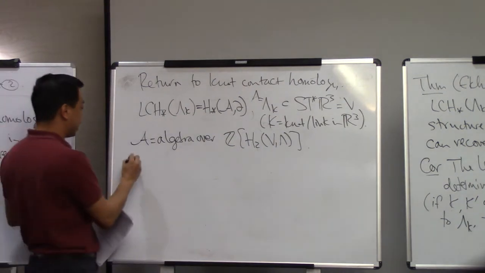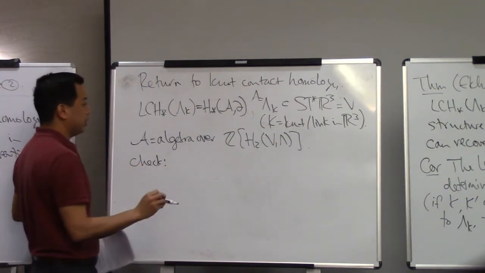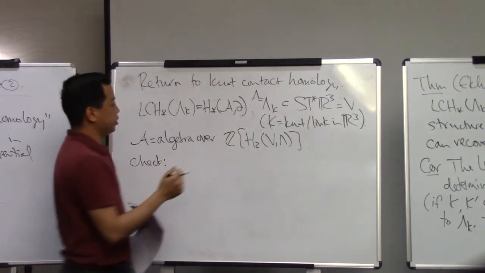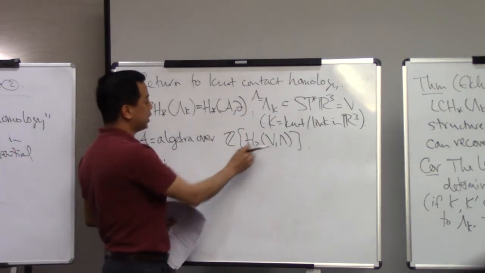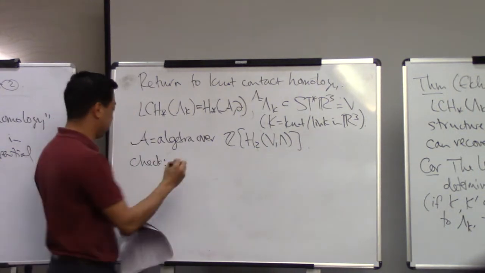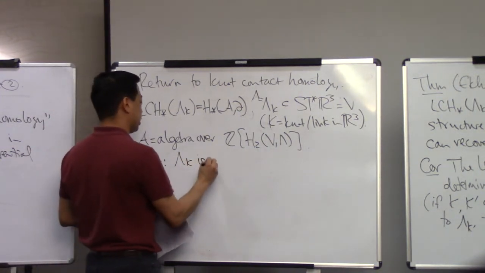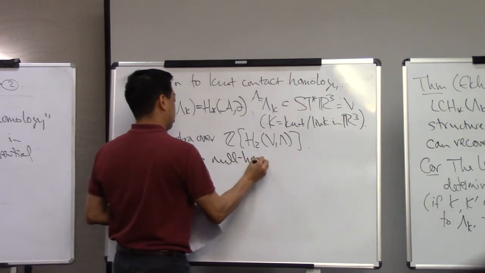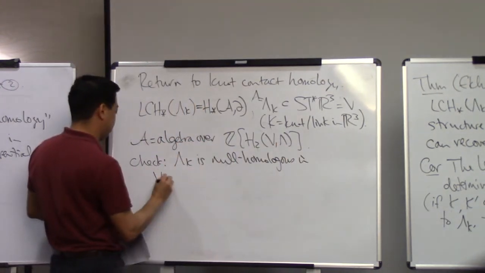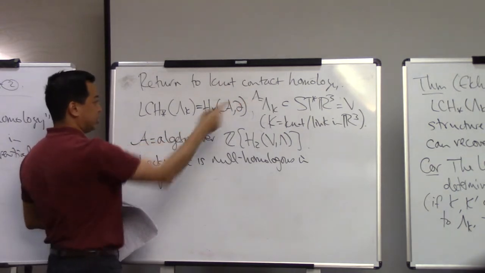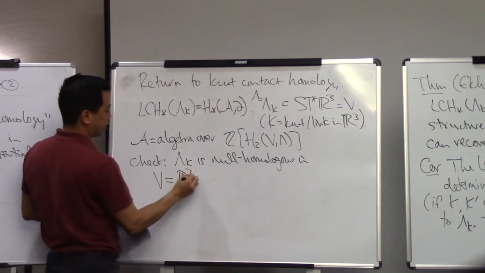So first, an elementary topological question: what is relative H2? It's easy to check that this Legendrian torus, or union of Legendrian tori, is null homologous inside of V. So lambda k is null homologous. V topologically is the unit cotangent bundle, so it is R3 cross S2.